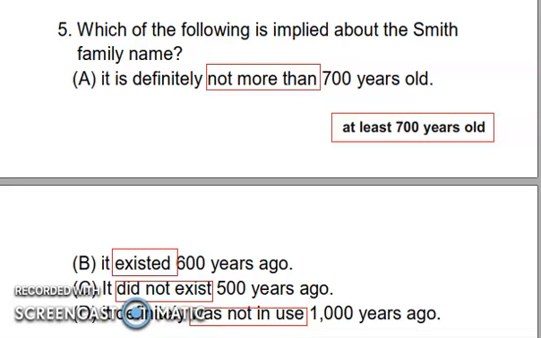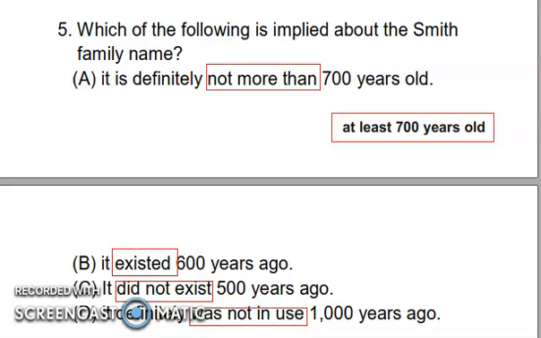And also it means that 100 years ago it exists, 200 years ago it exists, 300 years ago it exists, 400 years ago it exists, 500 years ago it exists, 600 years ago it exists. Yeah, 700 years ago it exists also.